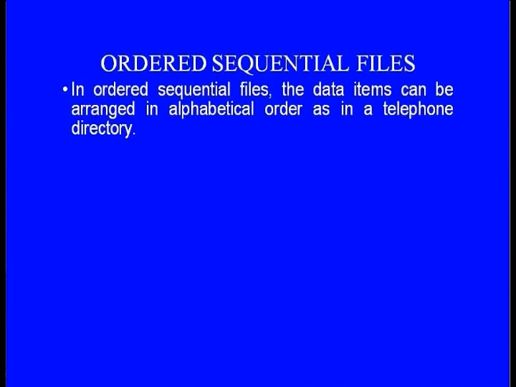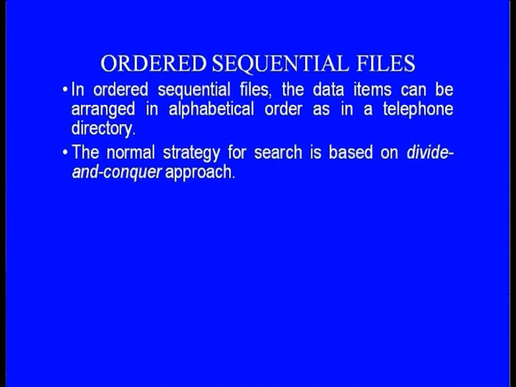The next type of file is ordered sequential files. In ordered sequential files, the data items can be arranged in an alphabetical order as in a telephone directory. The normal strategy for search is based on divide and conquer approach.